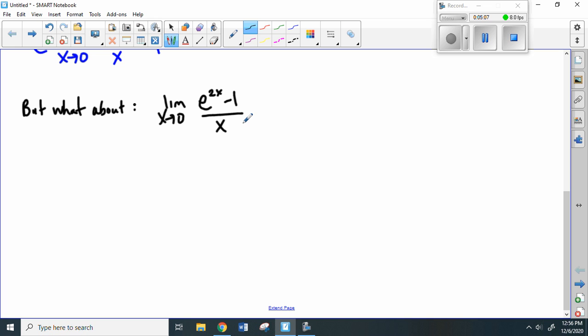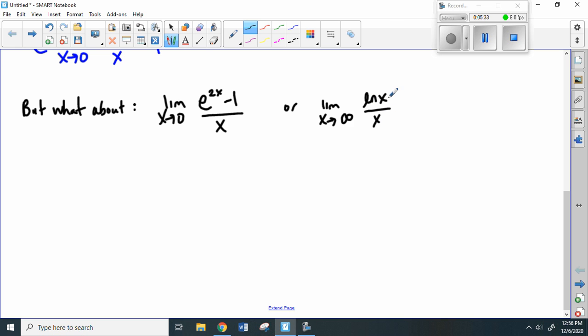Technically, direct substitution there would give you e to the 0, which is 1. 1 minus 1 is 0. So that would also give you 0 over 0. But we can't factor it, and it's not a trig function, and it's not x approaches infinity, so then what do we do?